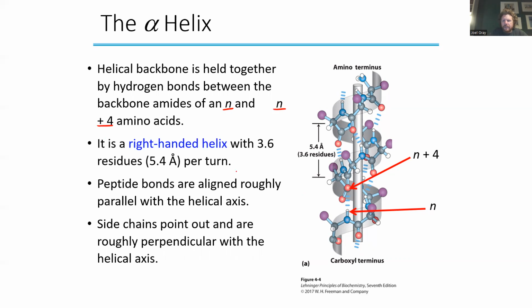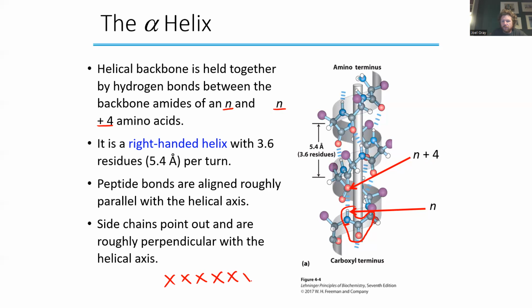Well, here's amino acid number N, the 3 atoms that consist of the backbone, and then another amino acid, 4 amino acids away.